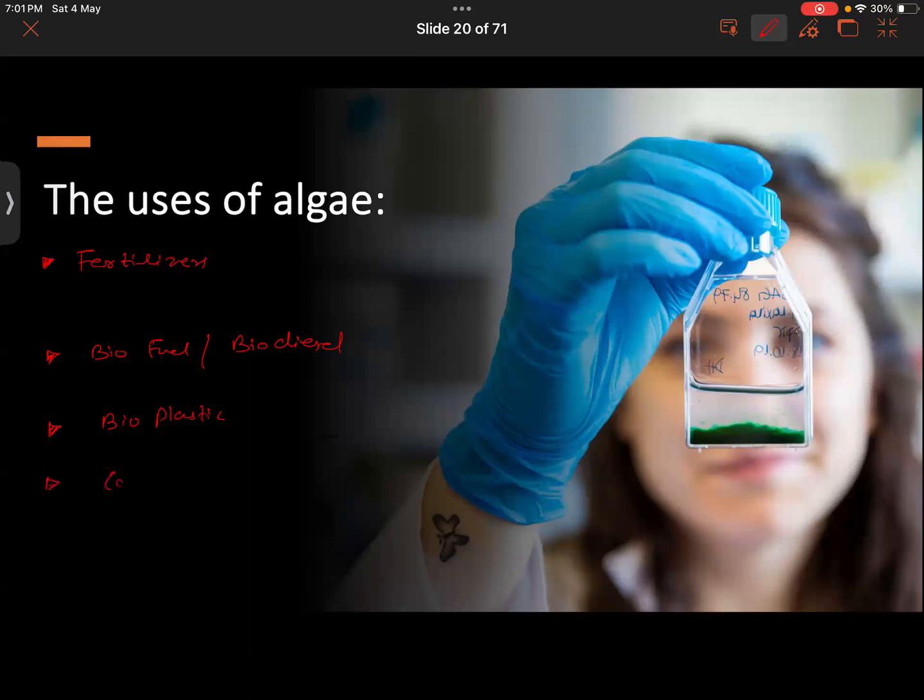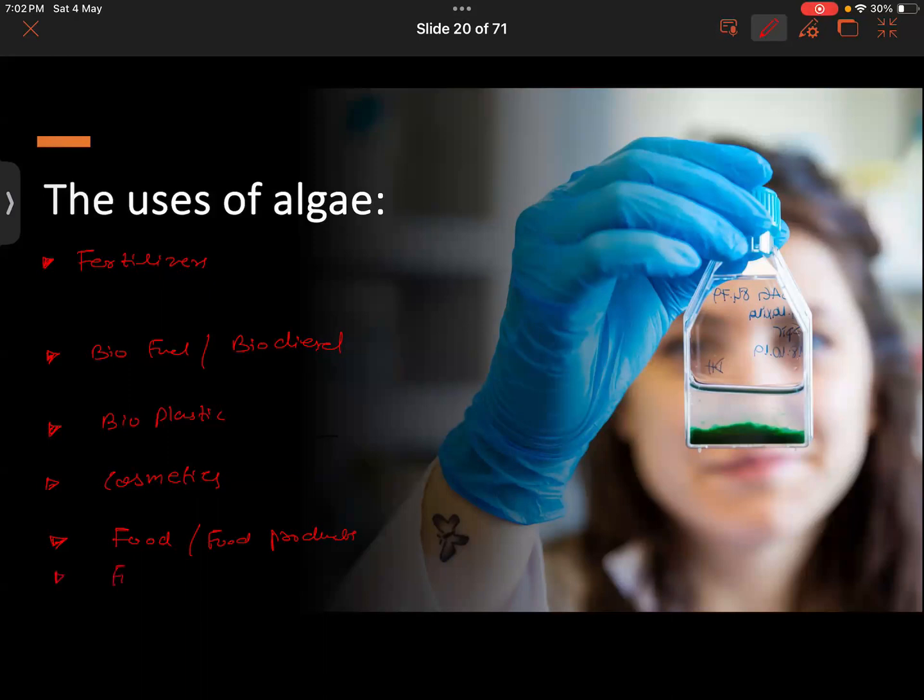It is used in making different types of cosmetics, and it is also used as food and food products. Then it is used as feeding material for certain animals, particularly for chicken, for fishes, and for some other pets also.